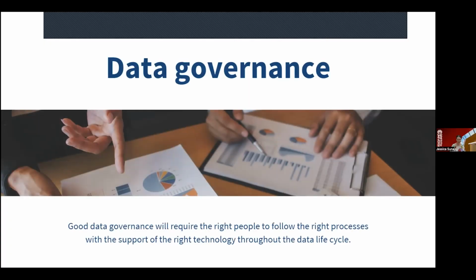So what would good data governance look like? Effective data governance hinges on aligning the right individuals with the right processes and supporting them with the necessary technology across the entire data life cycle.